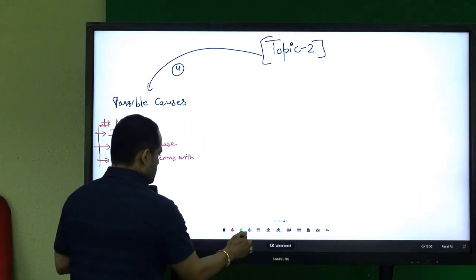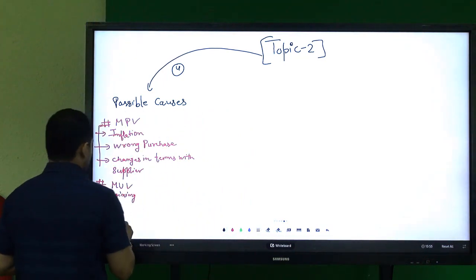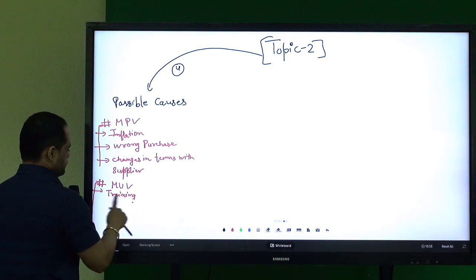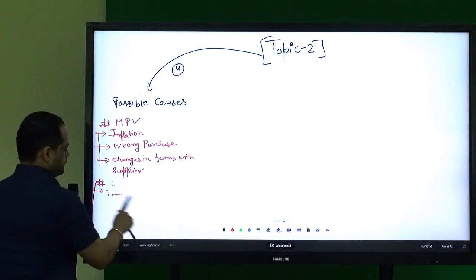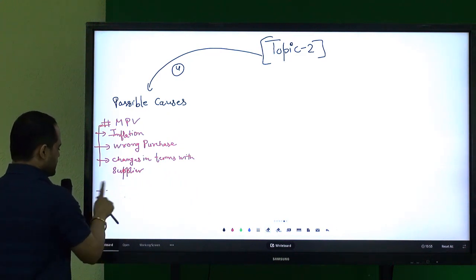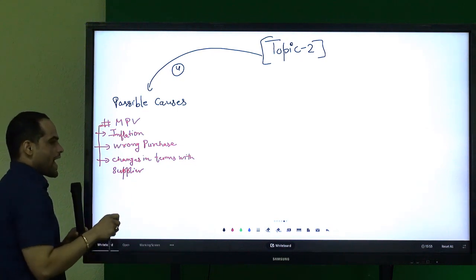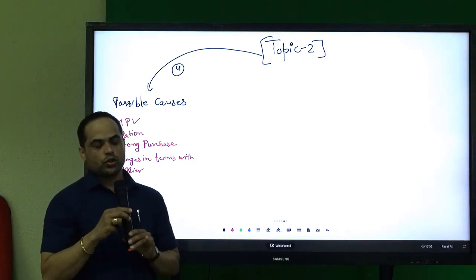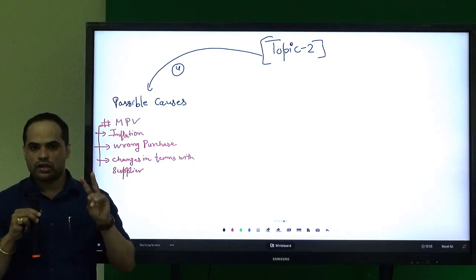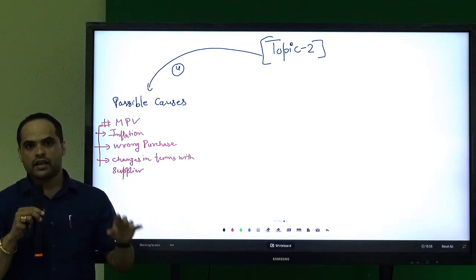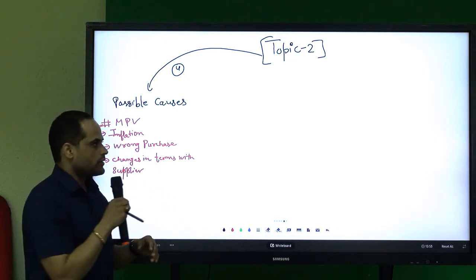So let me erase this one first. So this is your possible causes. We're going to have 8 possible causes: 2 for material, 2 for labor, 2 for overheads, and 2 for sales.